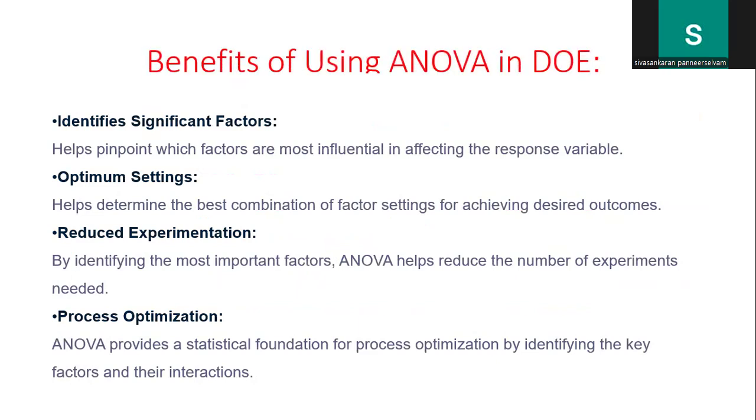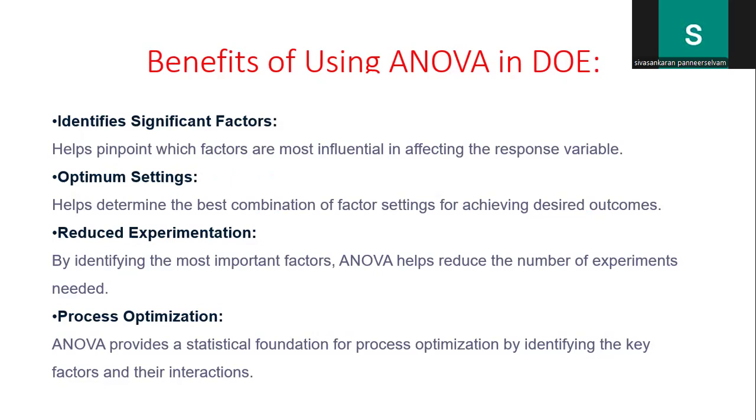What are the benefits of using ANOVA in design of experiments? One thing we can pinpoint: we can measure the significant difference between each factor and which one is highly influenced with respect to the output variable. Next, we can determine the optimal settings for achieving the desired outcome from the experiment.